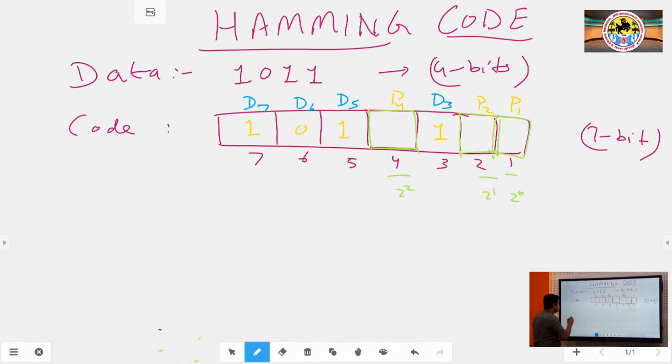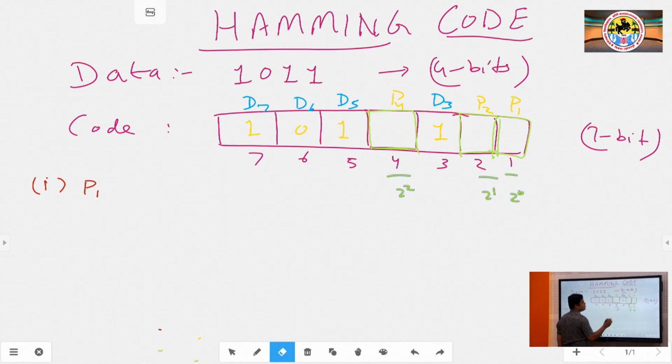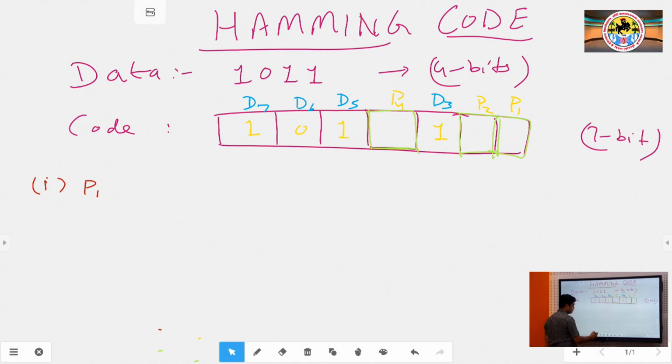So, first step is for calculating P1. For calculating P1, let us stand on bit 1 and check 1, skip 1.